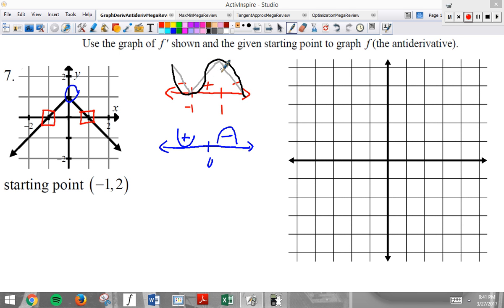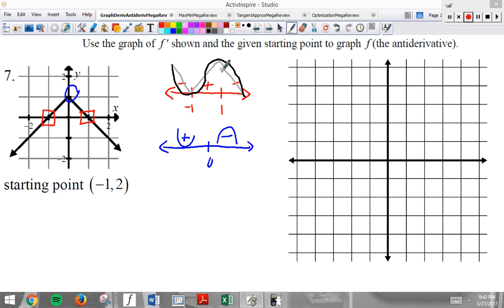So what I'm going to do to recognize that it's a bad point is I'm going to show not a vertical tangent, but what else would have an undefined slope there? Who else would have an undefined slope at 0?